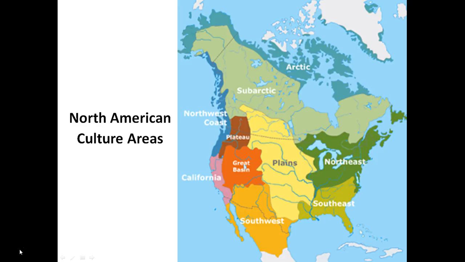On the plains, you had mobile hunter-gatherers who pursued herds of bison and moved often in order to follow the availability of resources. And in each different region, key resources and environmental characteristics helped define the cultural and technological adaptations of the populations that lived there.